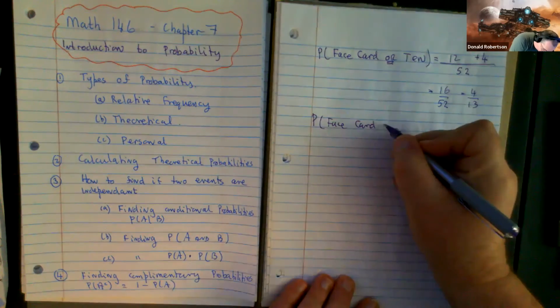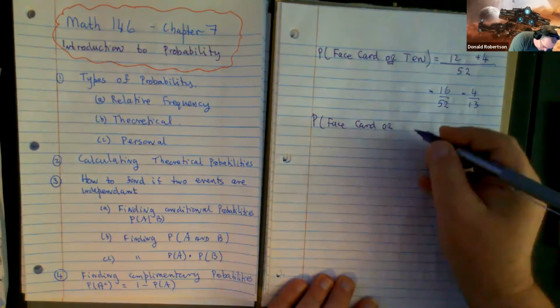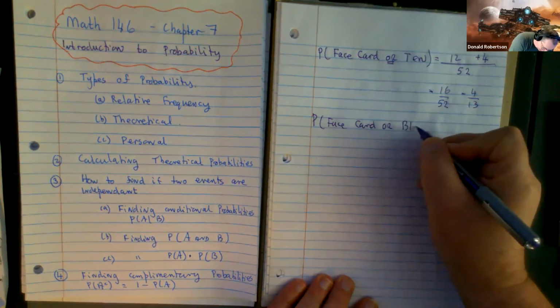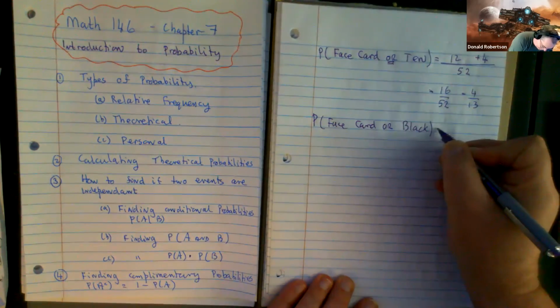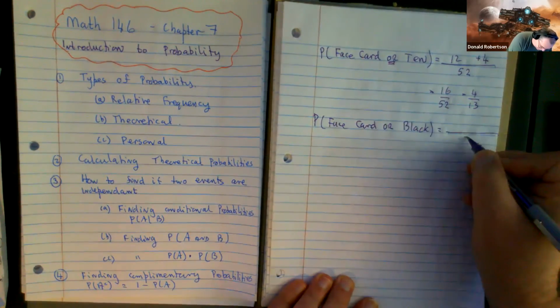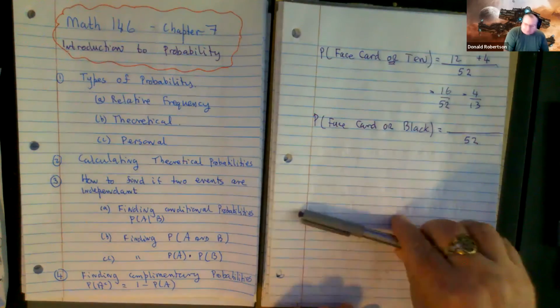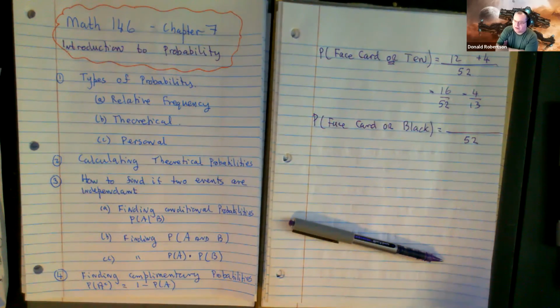Now I'm going to do 2 ors. Here's the first one. What's the probability it's a face card or a black card? Now, are they mutually exclusive? No. Aren't there some face cards that are black?